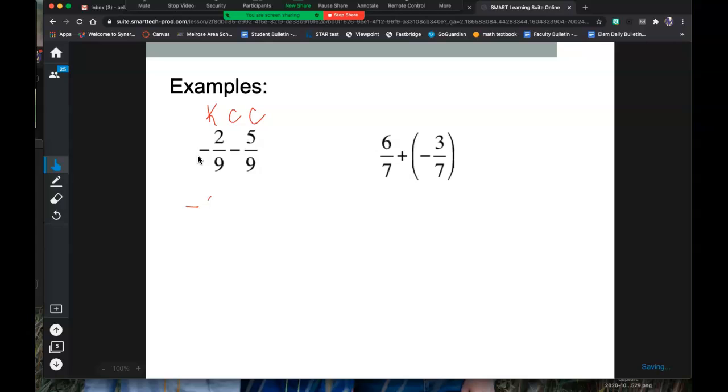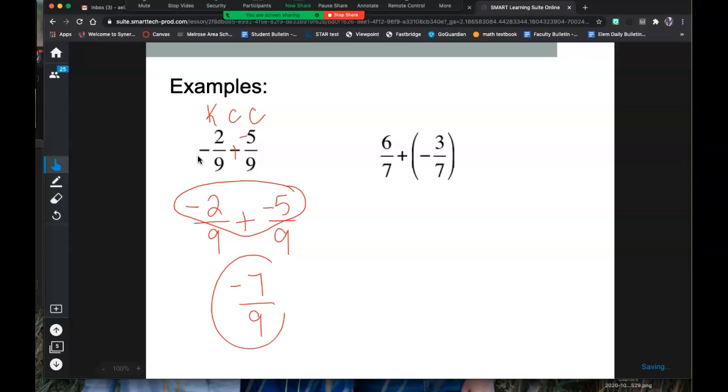So it's negative 2/9, the negative sign can just go up with the top number, plus negative 5/9. When we add or subtract fractions, we keep the bottom number the same, so it's going to be a 9. And then we just deal with the top. It's negative 2 plus negative 5. Same signs, add and keep, so it's negative 7/9 as our answer.